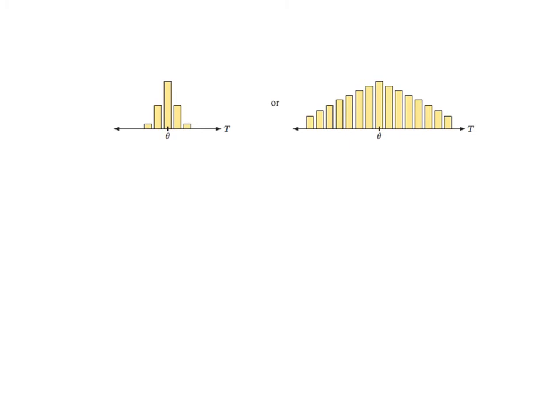This suggests that the estimates found using the first estimator could vary, but they are very close to theta, whereas the estimates found using the second rule vary widely from the value of theta. Therefore, the first estimator, the one on the left, is more efficient.